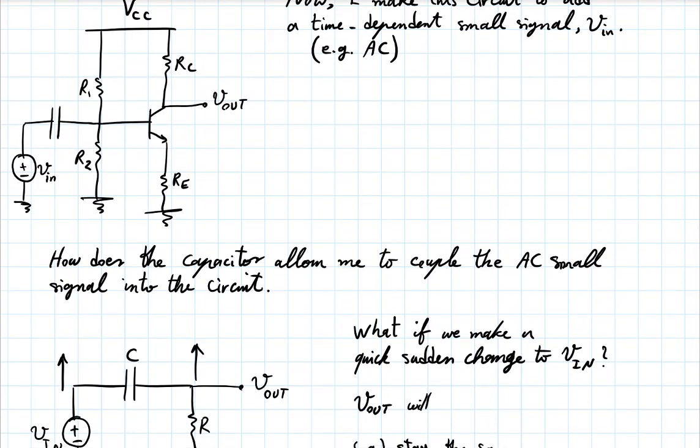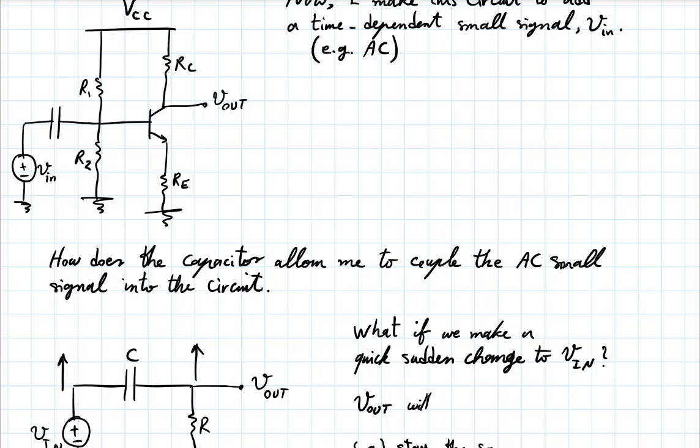This is exactly what a coupling capacitor does. And that's why you will see very often people talk about extremely large coupling capacitors, because they wanted to be able to couple all frequencies so that the RC is very large compared to the time scale of variations for any input signal.